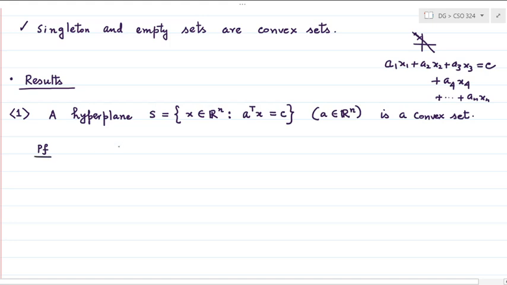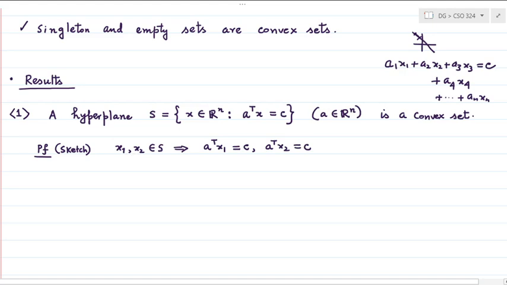You take a pair of points. Let's suppose I take x1, x2 in S, and once you take x1, x2 in S, this will imply A transpose x1 is equal to C and A transpose x2 is equal to C. Here you notice that x1, x2 are not real numbers, they are vectors.